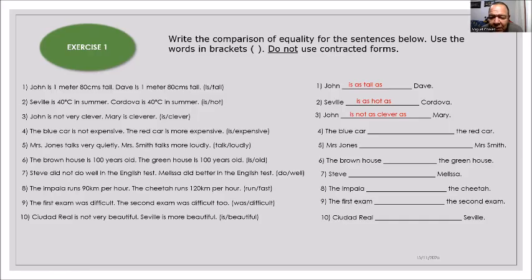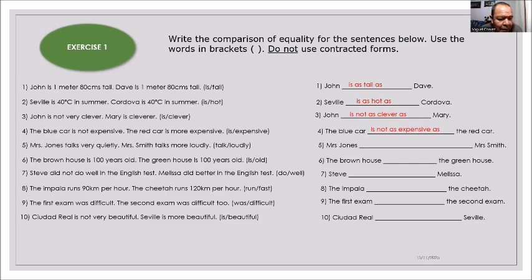John is not as clever as Mary. Number 4. The blue car is not expensive. The red car is more expensive. The blue car is not as expensive as the red car.